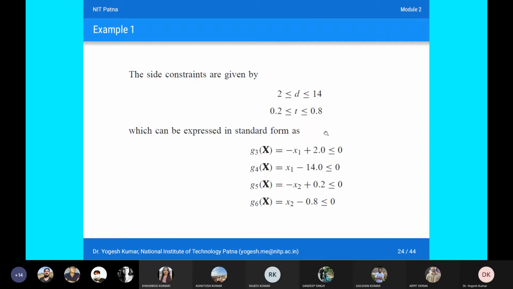I think this process is quite clear to all of you, how we have to identify side constraints and how these constraints should be represented in the standard mathematical form. So in this particular problem we had 6 constraints: G1(x), G2(x).